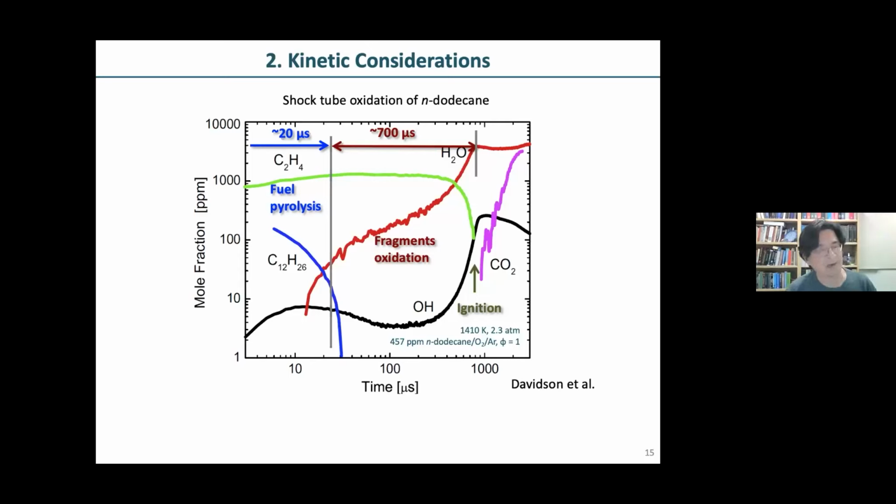Therefore, in order to get NTC behavior predictable, you must understand binary, ternary, and any combination of the fuels. If you do that, you never walk out of this problem. This problem will never solve itself.